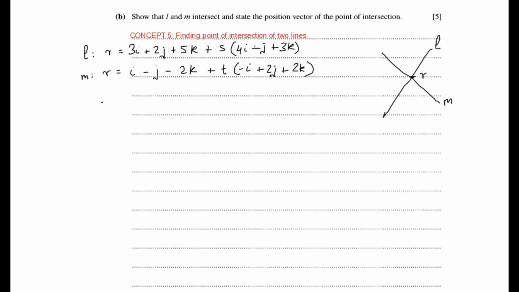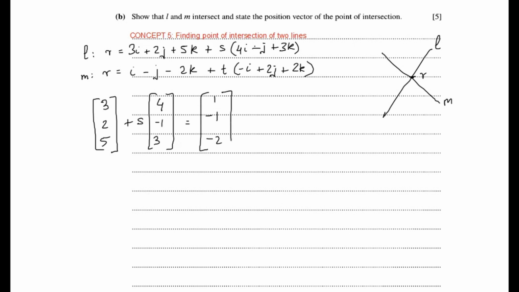I'm writing it in matrix form, so (3, 2, 5), this is for L, plus s times (4, -1, 3), should then be equal to, if they intersect, (1, -1, -2). I'm writing M also in matrix form, plus t times (-1, 2, 2).